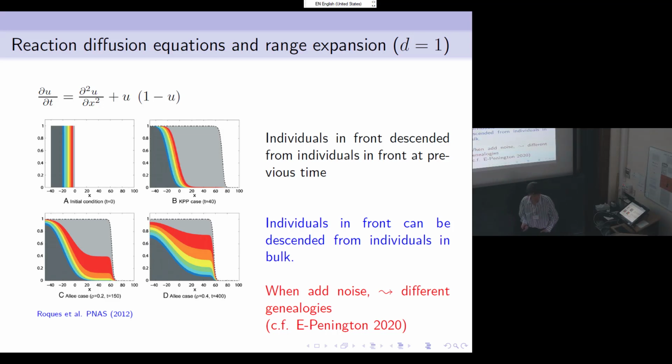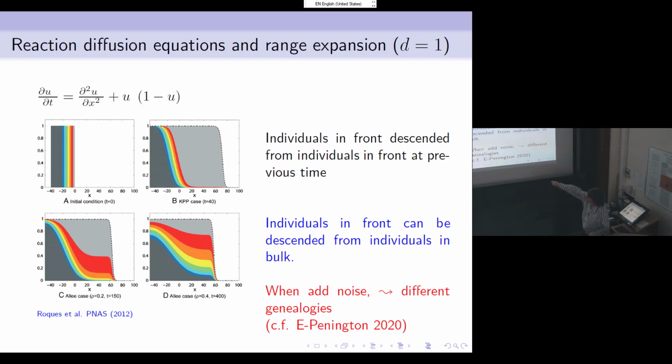Okay, so let's see what the implication of that is for where individuals came from, for ancestral lineages. These pictures are taken from Roques et al. in PNAS in 2012. This is the Fisher-KPP equation again, and what they did was they split the initial condition. The initial condition we look at is always going to be the indicator function of the left half line.